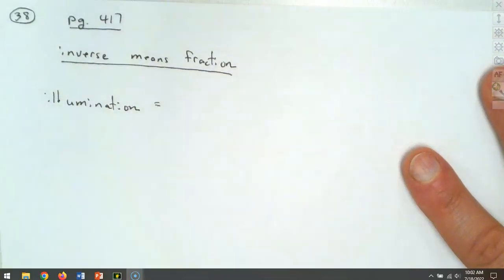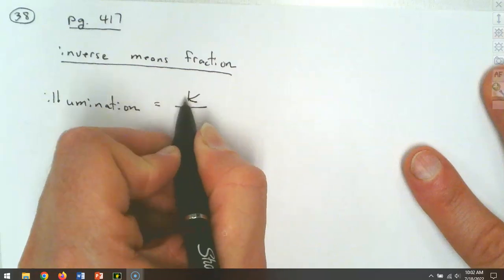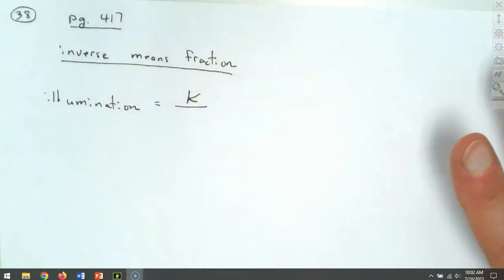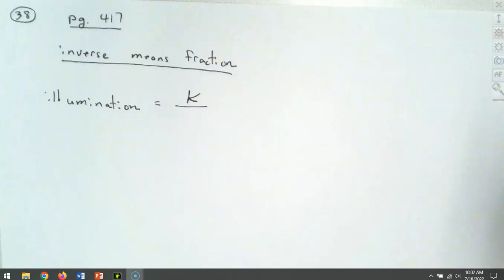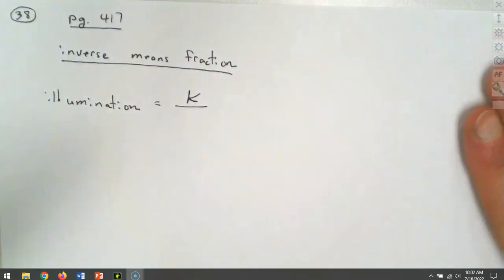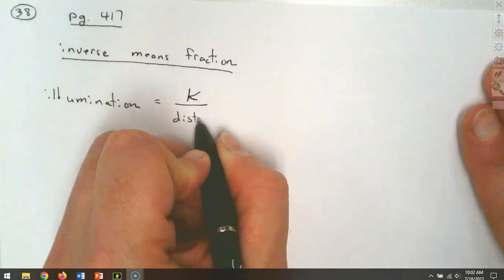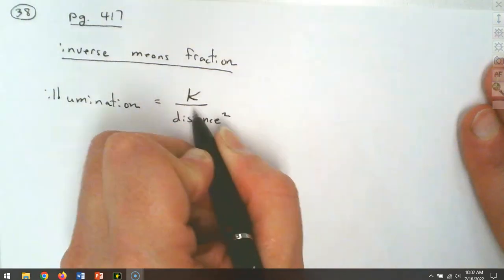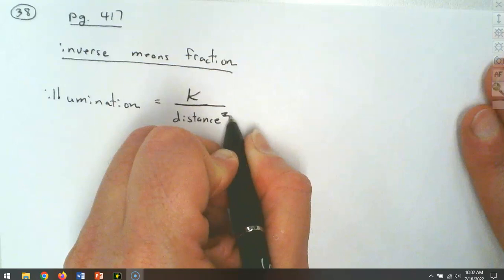And it varies inversely, so that means we've got a fraction. Now, k always stays the same. K is our constant on the top. Inversely, though, but to the square of the distance. So that's going to be the distance squared down below.